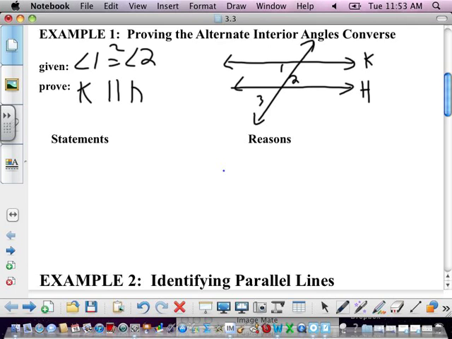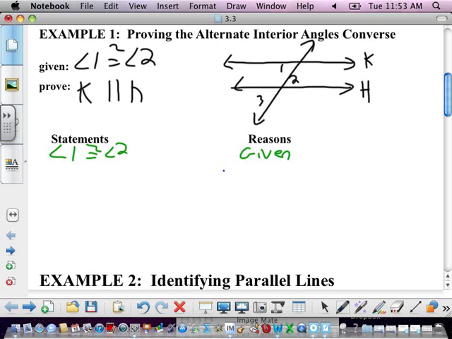So let's write this down. What's the first thing we can always write down? The given. Angle 1 is congruent to angle 2. Given. Good. Is there anything else up there that you think we could use, guys? Yes, Phil? Angle 3 is congruent to angle 2.